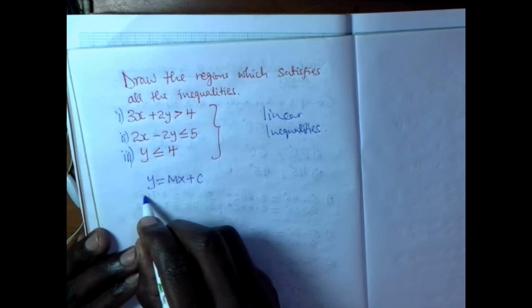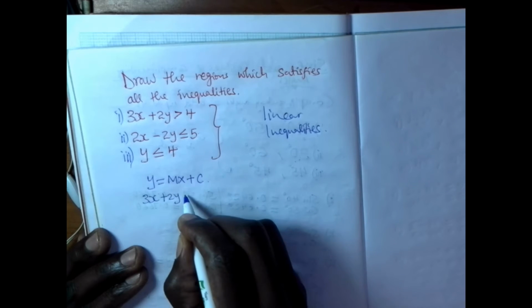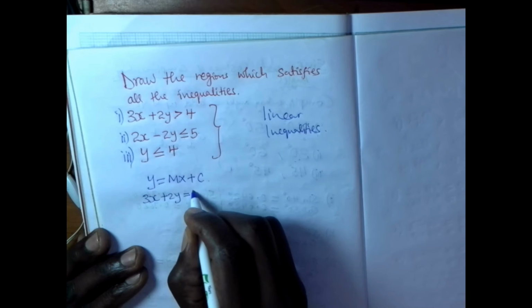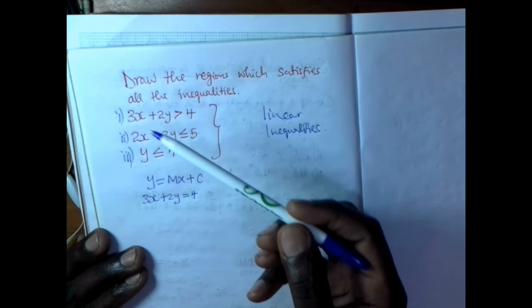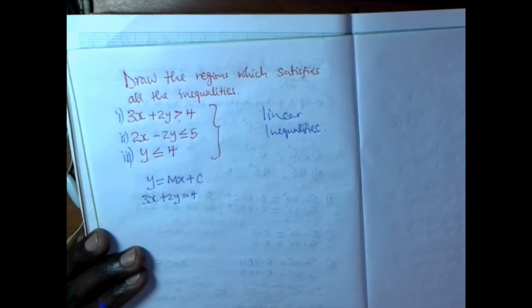The first one, 3x plus 2y, let me use the equal sign, is equal to 4. But later when we draw, we have to identify which region satisfies the inequality.